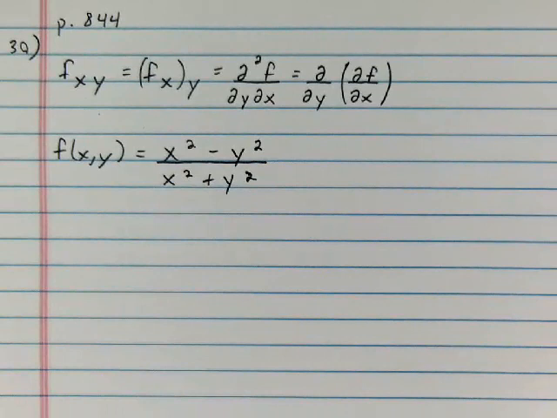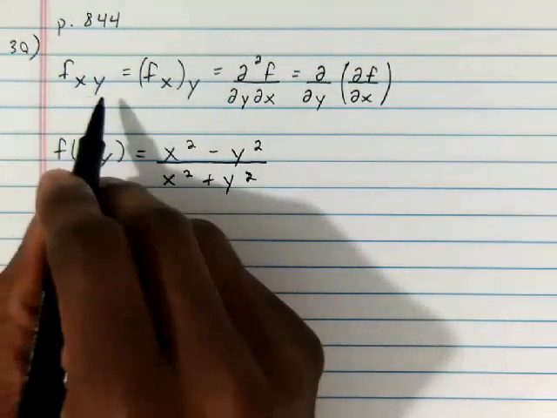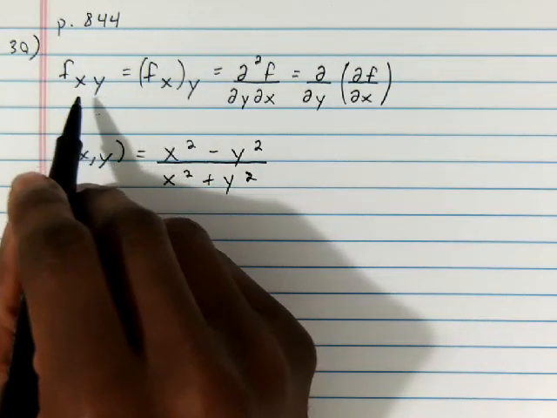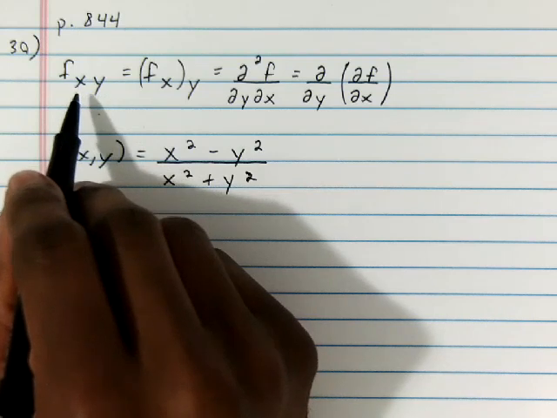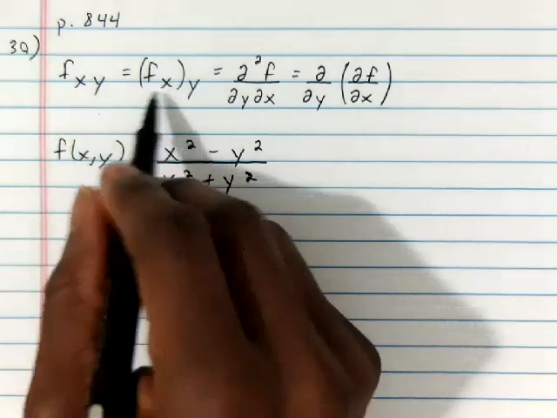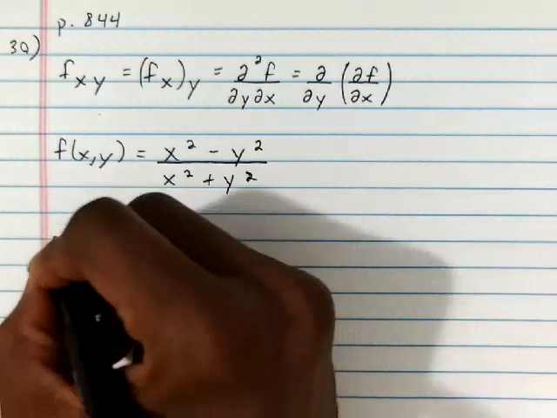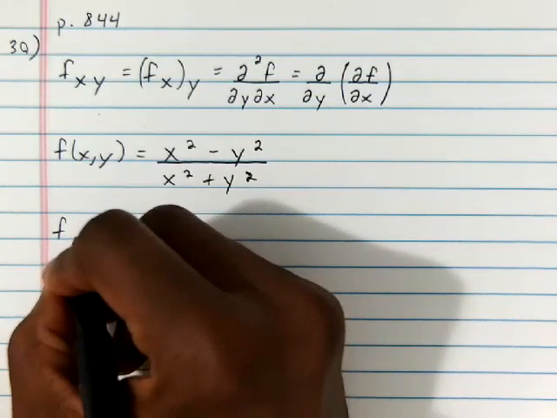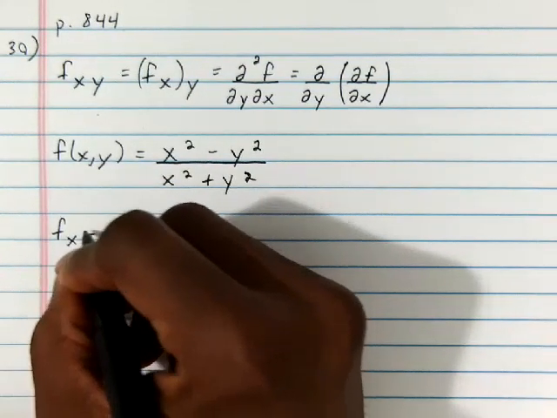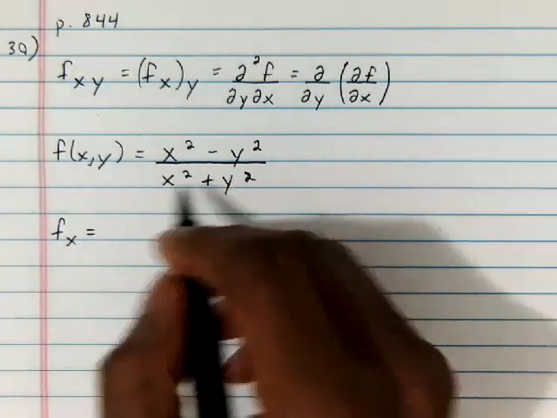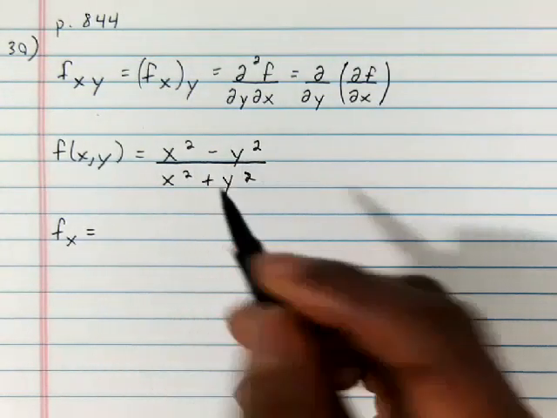So now we want f sub xy, but to find f sub xy, first we have to find f sub x. And then after that, we're going to find the partial derivative of f sub x with respect to y. So first, let's just start with f sub x. All right, so partial of this with respect to x, we'll just use the quotient rule.